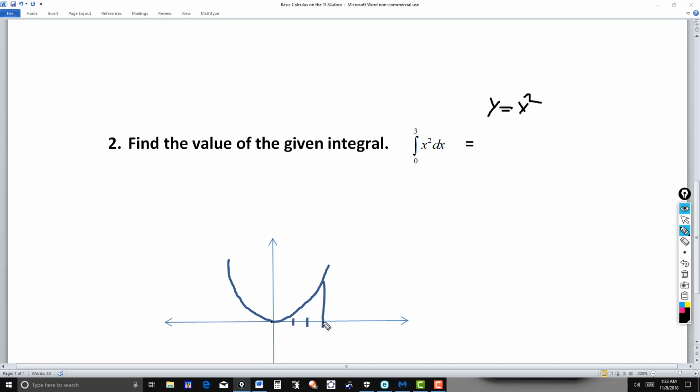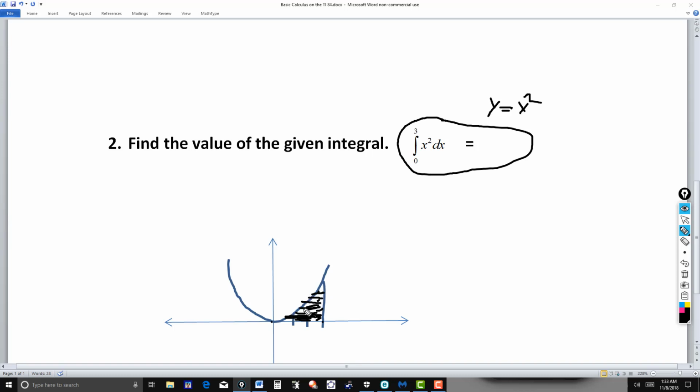And basically this integral computes the area under the parabola and above the x-axis, contained within this space right here. So by computing this right here, I actually get the area under this curve.